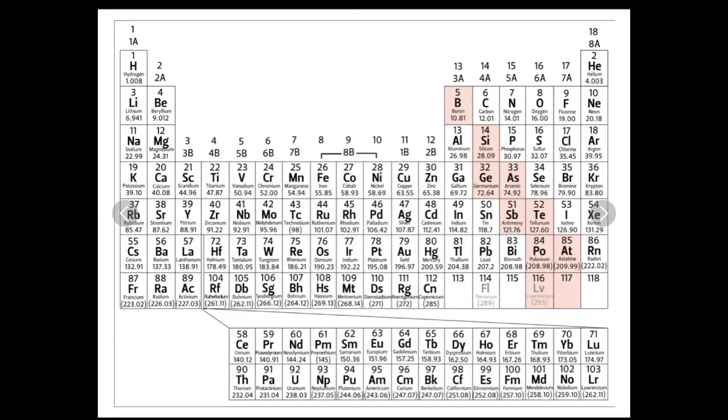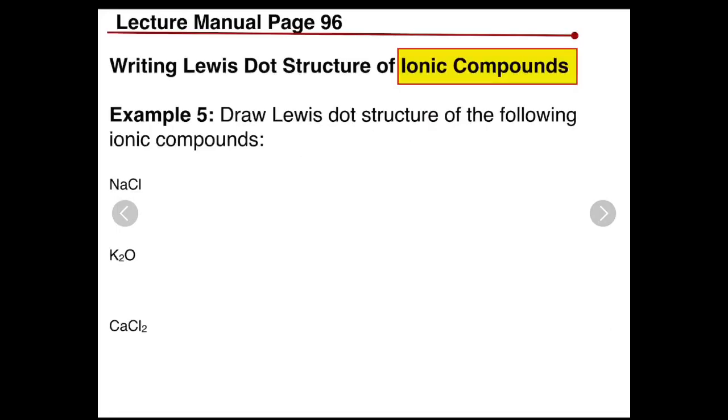Sodium is in group 1, and chlorine is in group 17 or group 7A. So the valence electron of sodium would be 1, and for chlorine would be 7. If I draw the Lewis dot structure of the neutral atom of sodium and also the neutral atom of chlorine, I would get 1 valence electron around sodium, right?